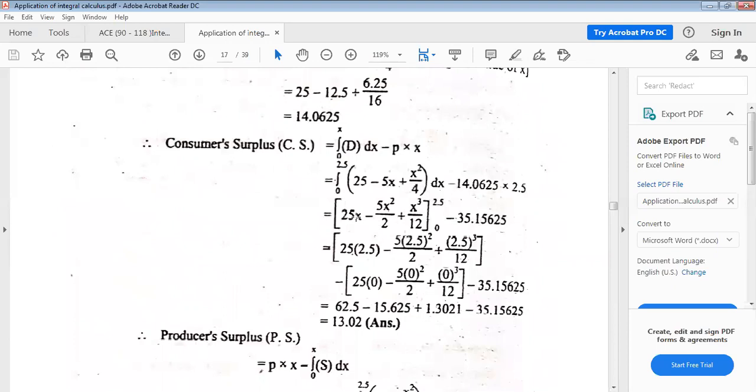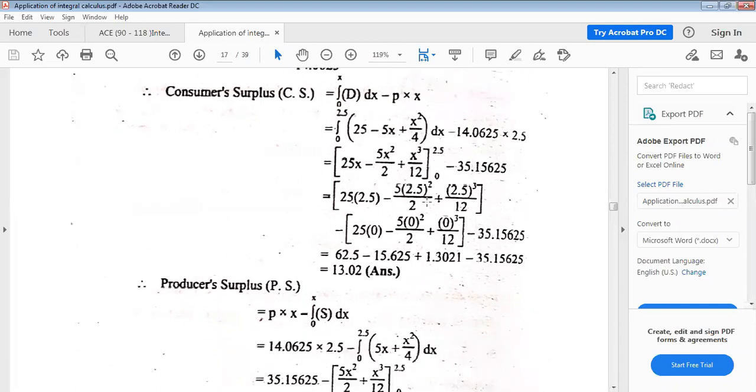Integrating this with respect to x, the constant integrates to x, and x integrates to x square by 2, x to the power 1 plus 1 divided by 1 plus 1. The x square integrates to x to the power 2 plus 1 divided by 2 plus 1, that means x cube by 3, 3 times 4 is 12. So putting the limit 0 to 2.5 within the bracket, remember this is 2.5.